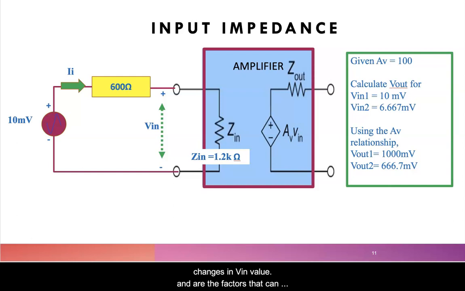And what are the factors that can change the V-in value? For this example, we can say that Rs and Z-in will have an impact on the V-in value. We can see that the Vout will reduce according to the V-in, and this can be caused by changing the value of Rs and Z-in.